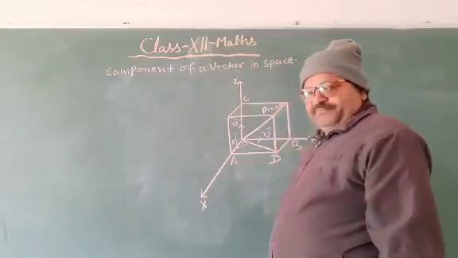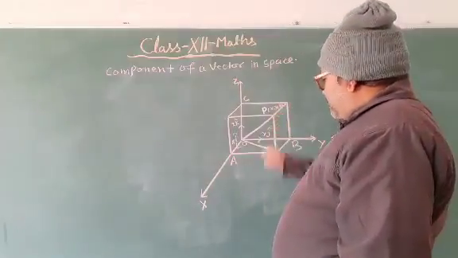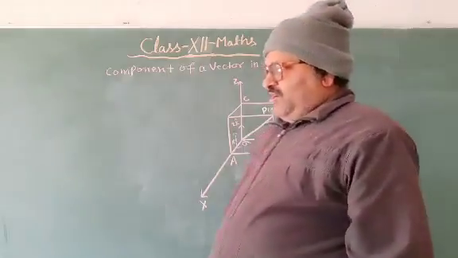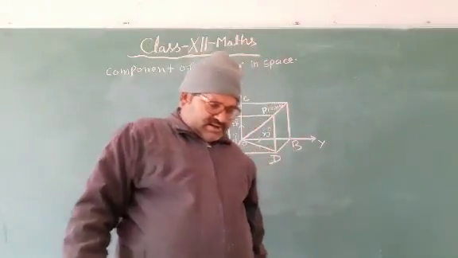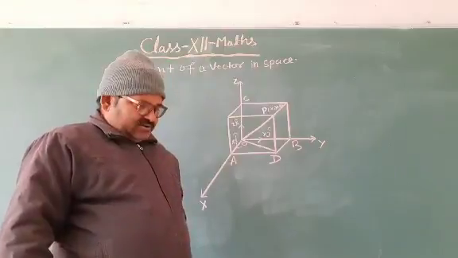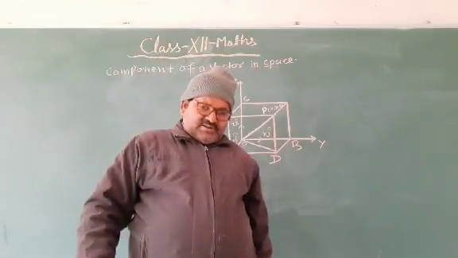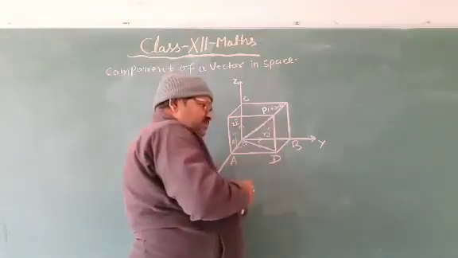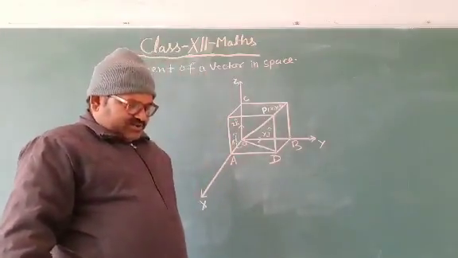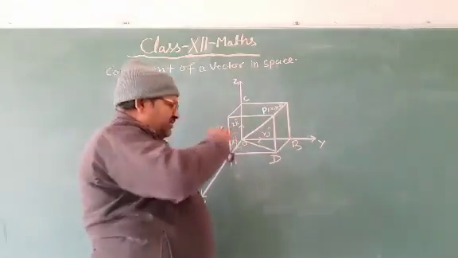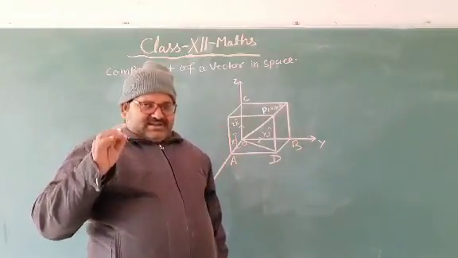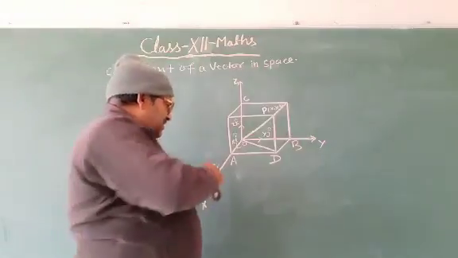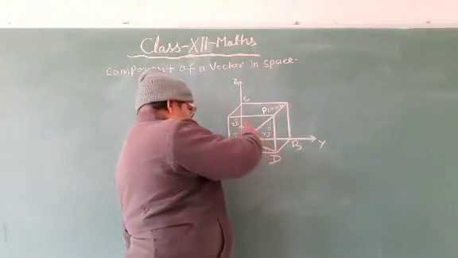Let us suppose that a point P has coordinates x, y, z, with the position vector OP as shown in the figure, and i, j and k are the unit vectors along the x-axis, y-axis and z-axis.